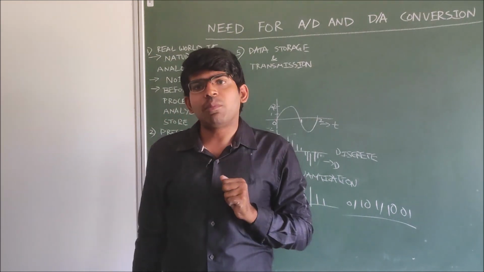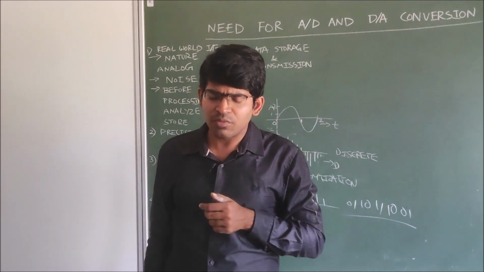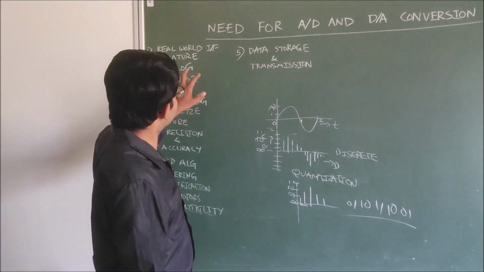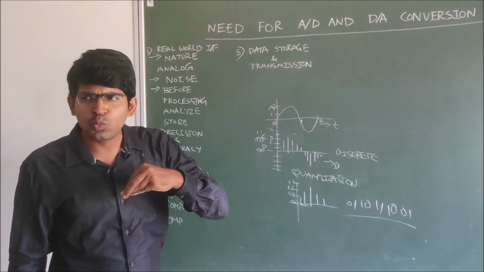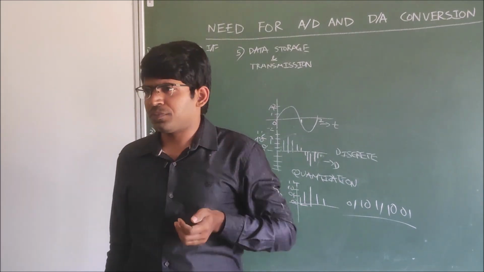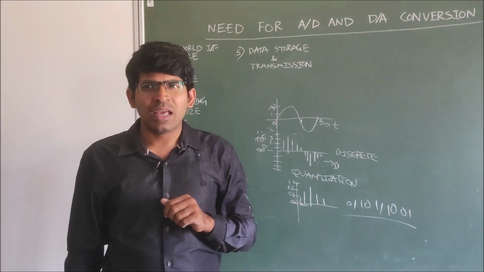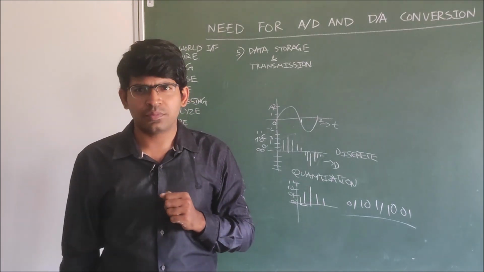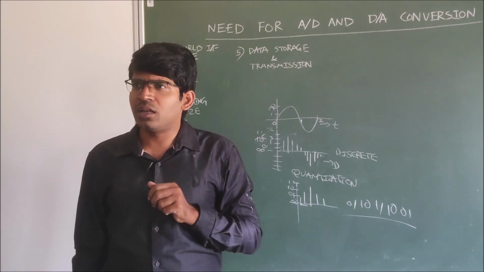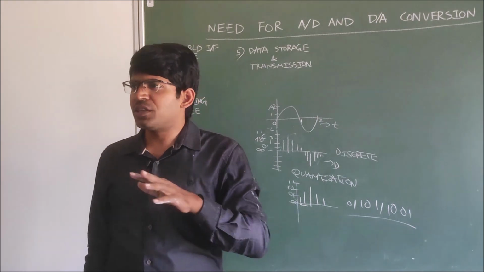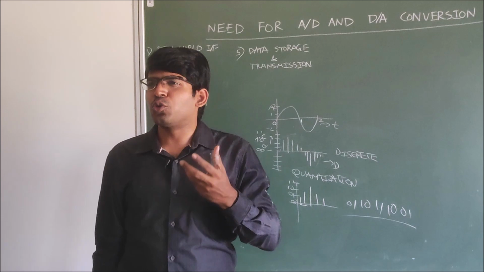We will observe some of the important points. What is the necessity for analog to digital signal conversion? The first point is, when we are using the analog signal, it is more prone to noise. For example, you are listening to my voice. If you record this analog signal directly without any noise filter, that analog signal will be affected by noise.